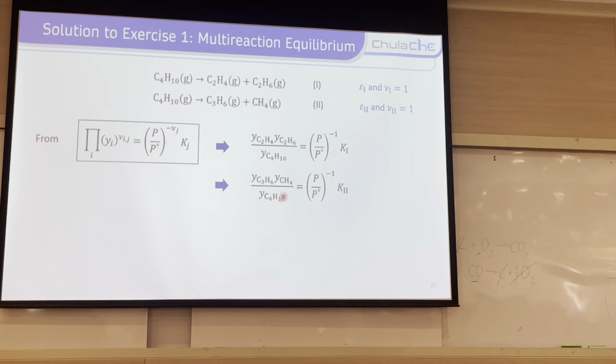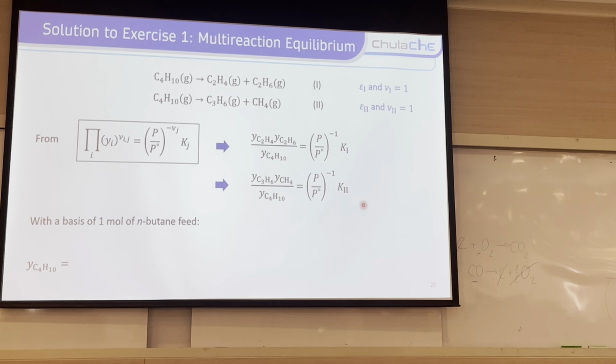The same with the second equation, with propylene, methane, and the mole fraction of butane. The K1 and K2 here you have already determined previously. The standard pressure P is equal to 1, and you know the pressure.